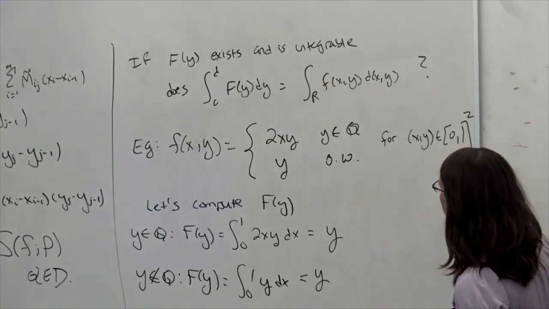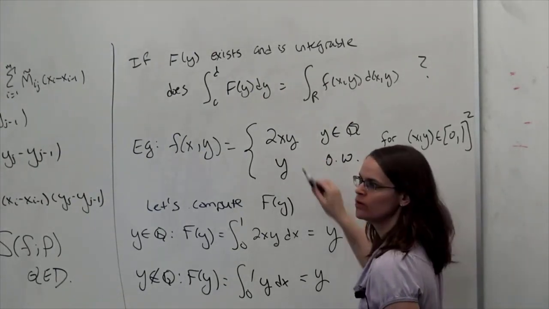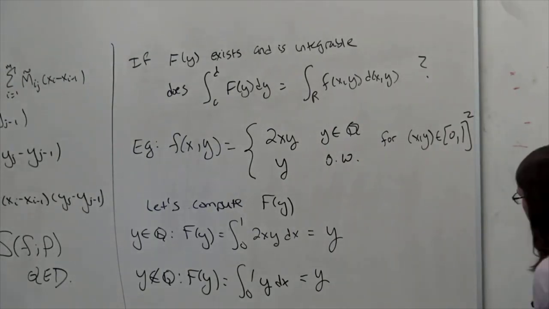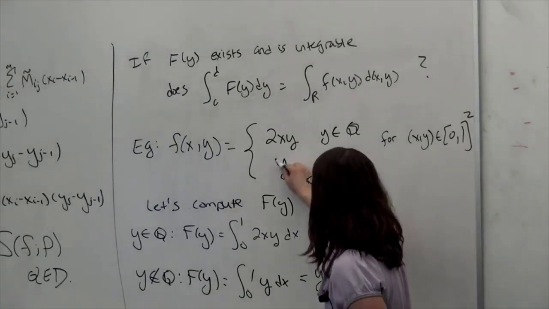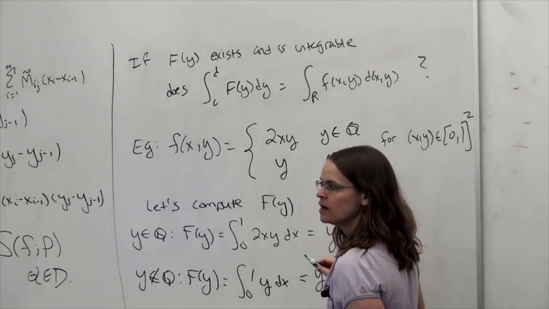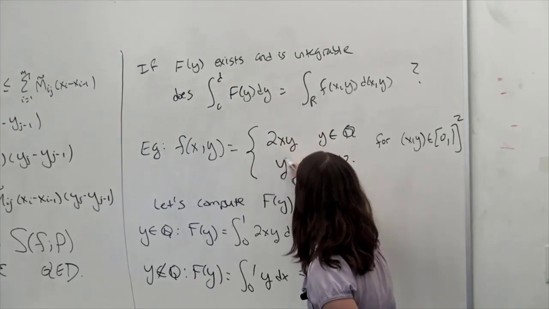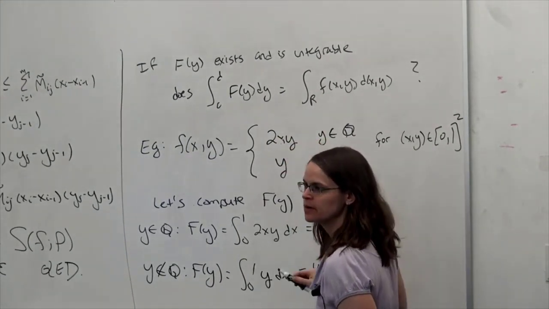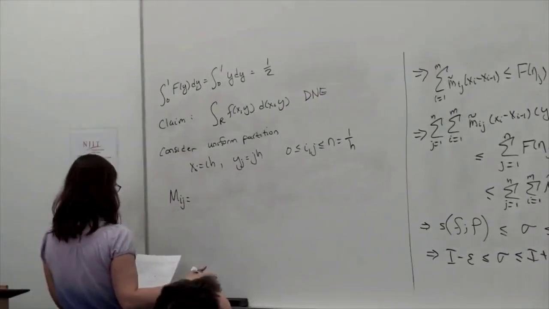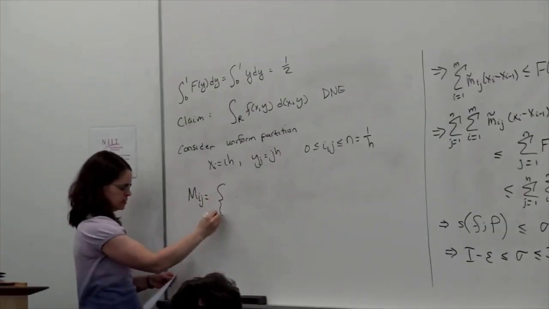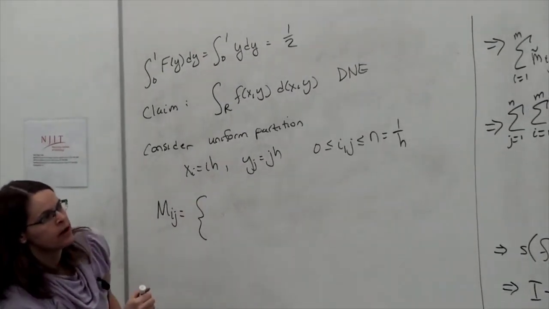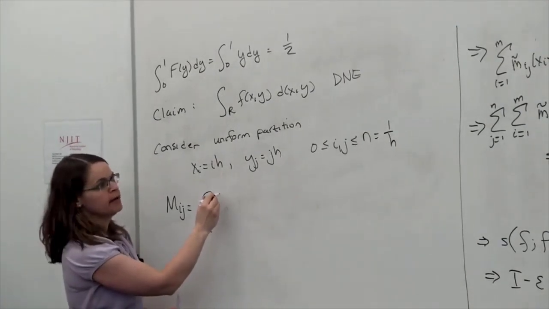Okay, so which one is bigger? Which one is bigger depends on x, whether x is bigger than a half or less than 1/2. So if x is less than 1/2, this is going to be our supremum. Just grab this at the right endpoint. If x is bigger than 1/2, this one is bigger, and we have to grab this at the right endpoint. So if x is less than 1/2, then we want to grab y at the right endpoint.